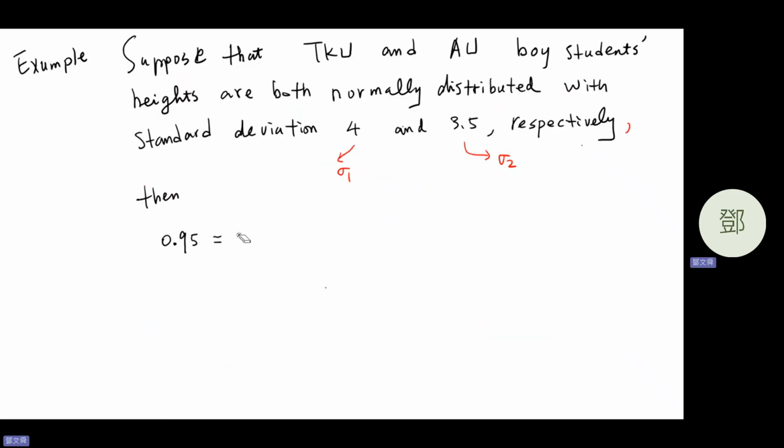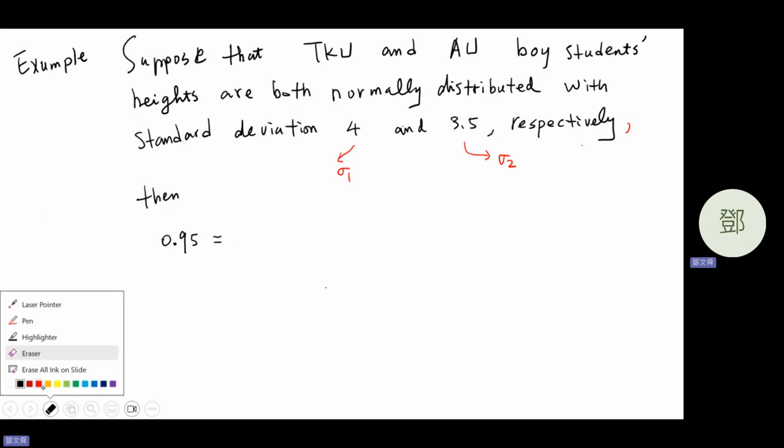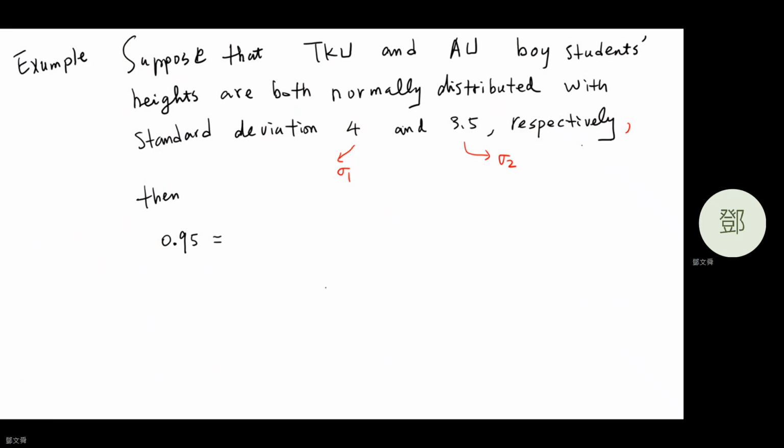Okay. Probability of the normal distribution smaller than 1.96. Understand?